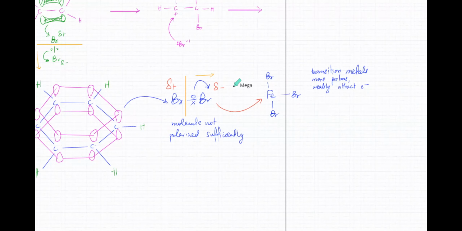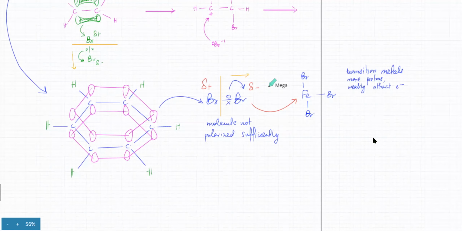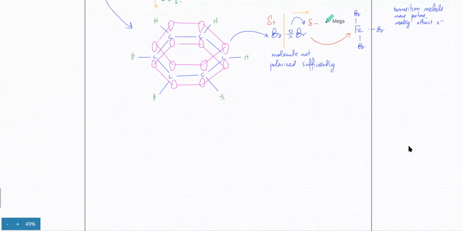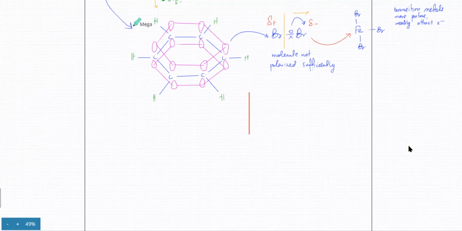Sorry. इसको मैं सेट कर लूँ. अच्छा, so the polarization happens और उसके बाद क्या होता है? उसके बाद ये होता है कि ये मुझे फिर से ड्रॉ करना पड़ेगा. 1 सेकेंड. अच्छा, so let's quickly draw the benzene molecule again.